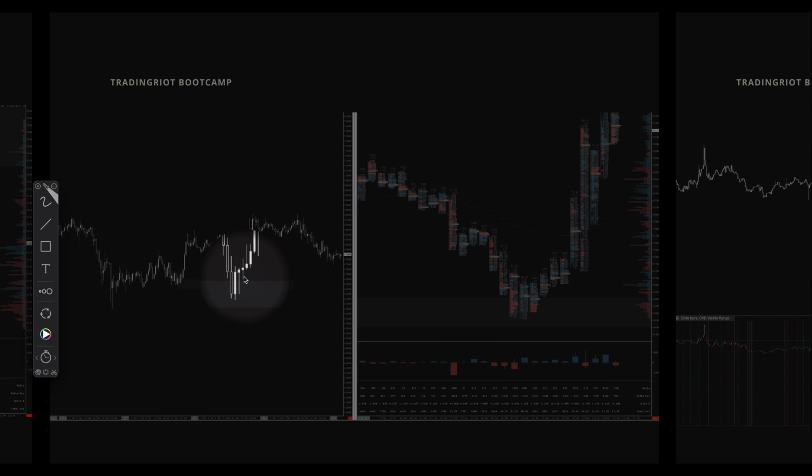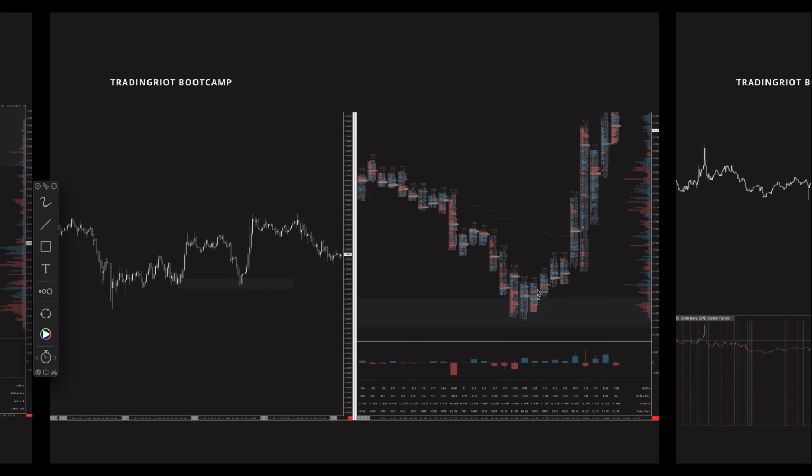If you take a look at how it looks, a large wick to the upside, all the selling happening down here, the POC is also here, so this is a nice candle to then jump into the trade, and you can see how the market reacted from there.